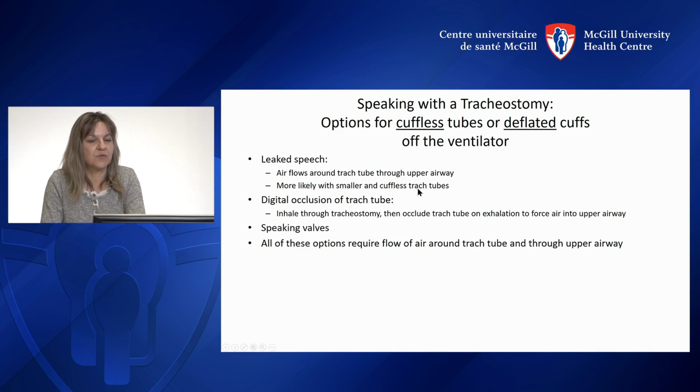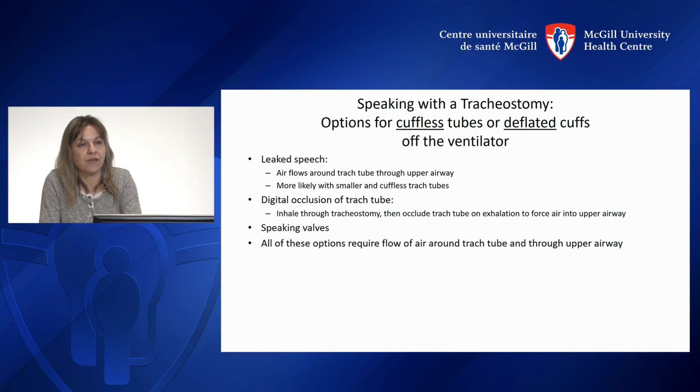So how do we speak with a tracheostomy tube? Options for the cuffless and or cuff deflated tracheostomy tubes for patients off a ventilator. Option number one, the most natural one, is leaked speech. The air will flow around the trach tube through the upper airway, make the vocal cords vibrate, will be shaped by our articulators, and will be audible.